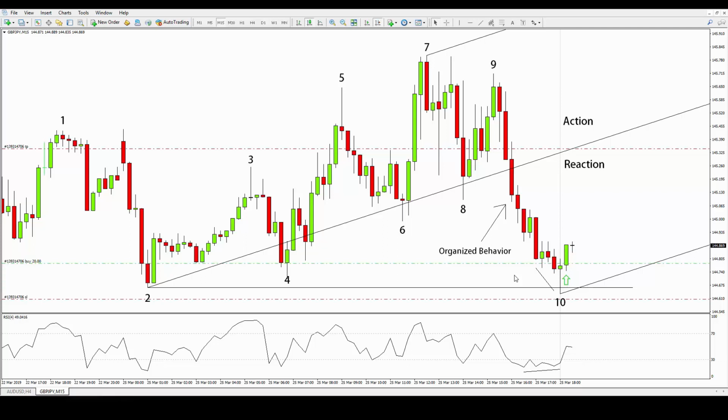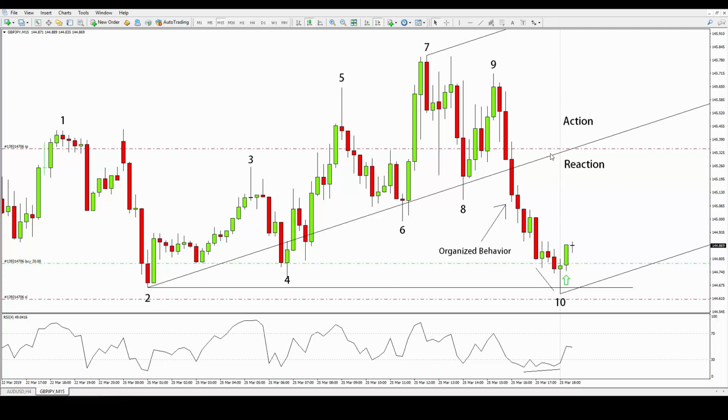I also drew an upsloping pitchfork in the chart to add yet another dimension to the analysis. Notice that the fork is drawn using three major alternating price extremes: the low number 2, the high number 7, and our potential low number 10. Pitchforks are derived from Newton's third law of motion that claims that every action has an equal and opposite reaction.